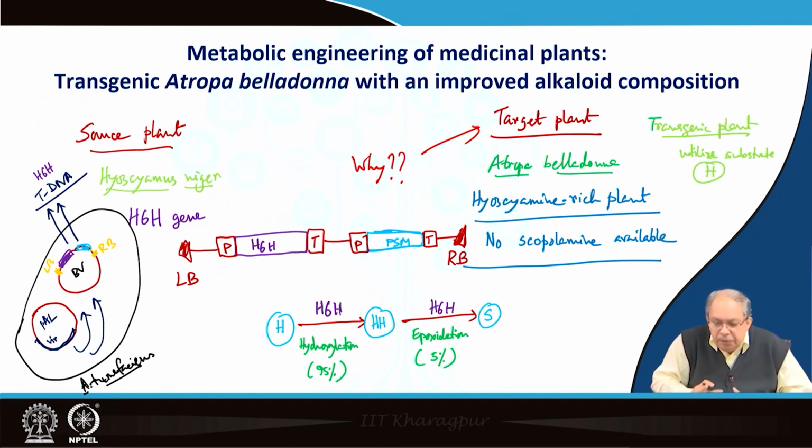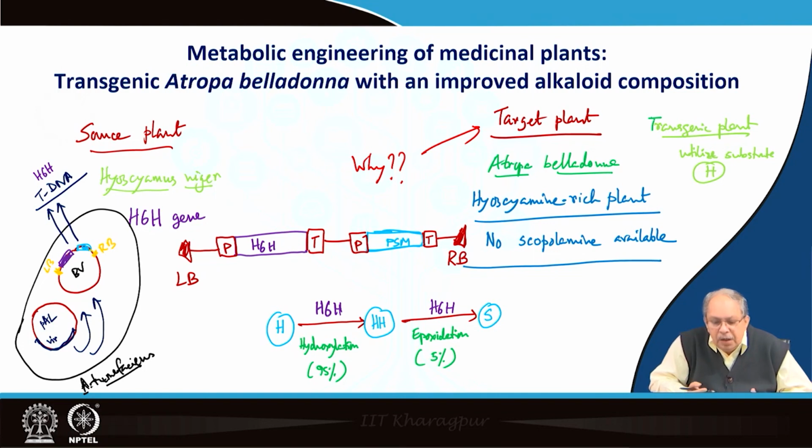So if you get a positive result, you can interpret that it is because of the H6H expression. If the plant already produces scopolamine and you transfer H6H and get an enhancement, you cannot be sure the enhancement is not due to a natural mutation, or a line already producing more scopolamine which you have not checked before.